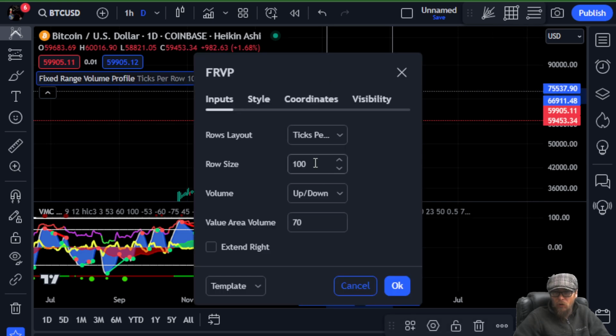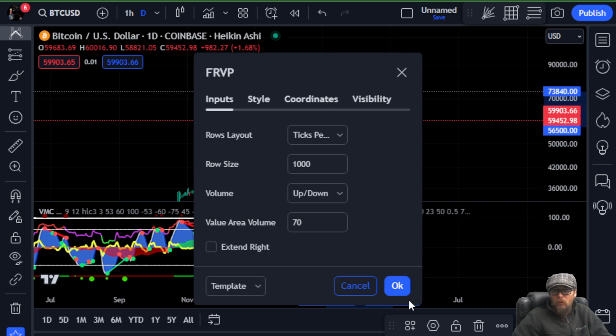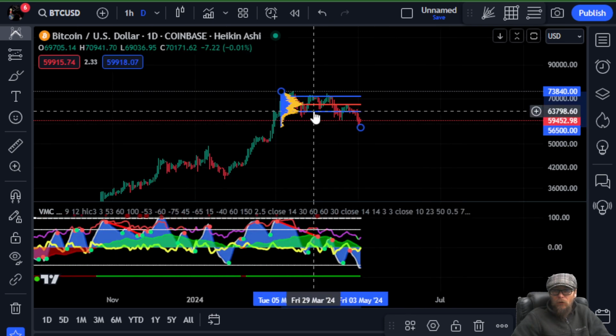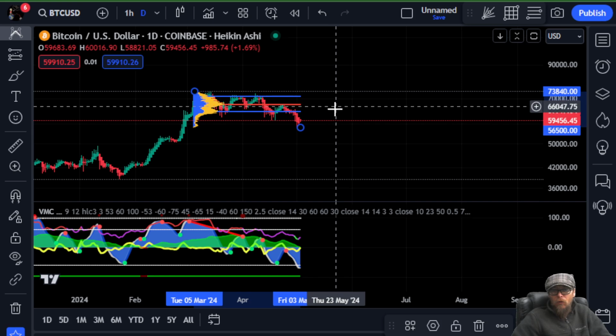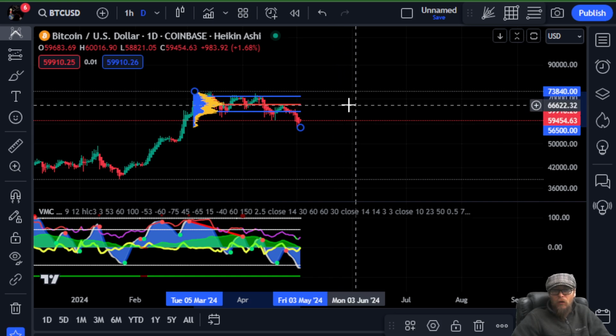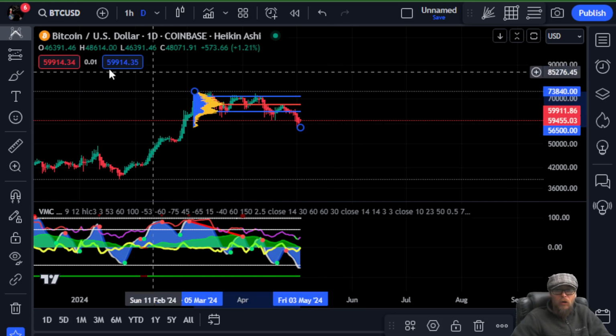Should be accepting 100 ticks. There we go. So now this here is going to give us some key levels to the upside that there was a lot of volume traded at.